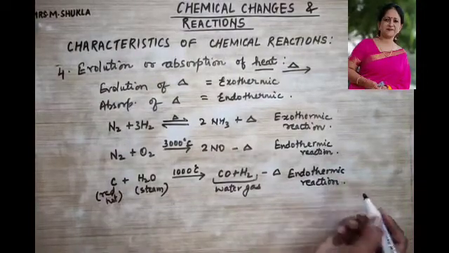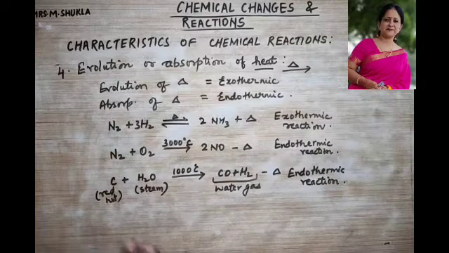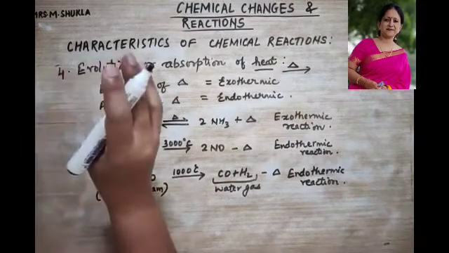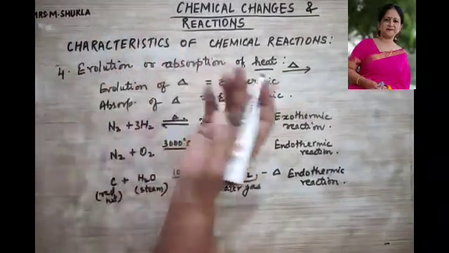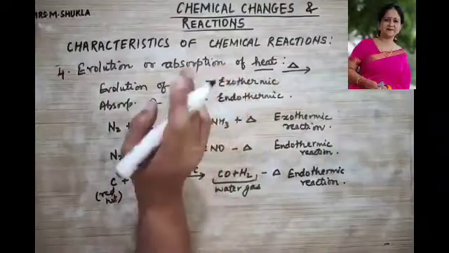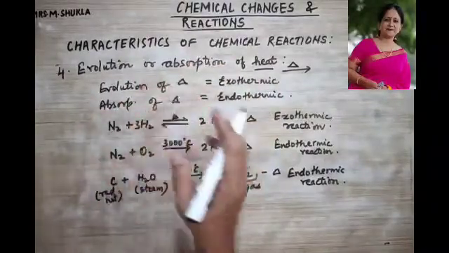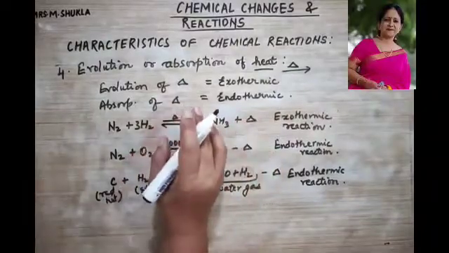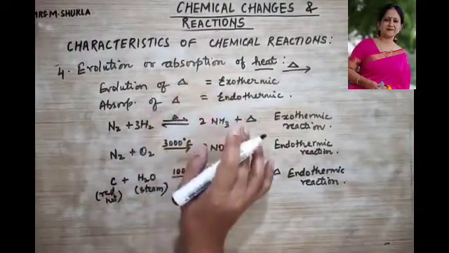So did you understand the four different characteristics of a chemical reaction? What were they? That was change in the color, that is, from the reactant to the product side, the color of the compound changes. Then evolution of gas. Some of the reactions you saw, a precipitate was formed.